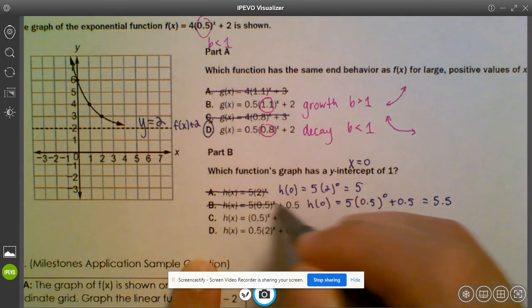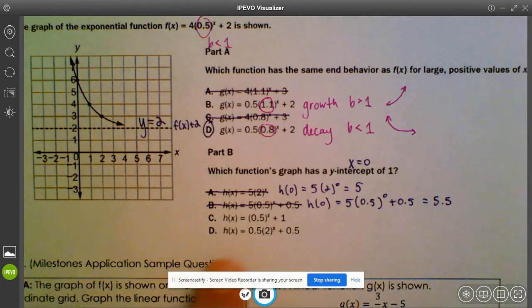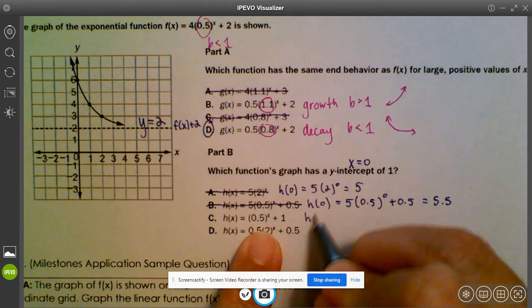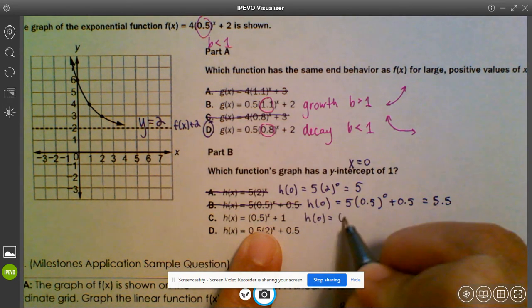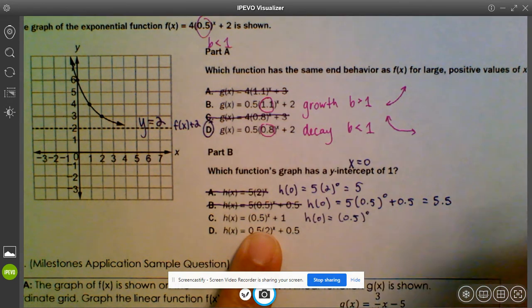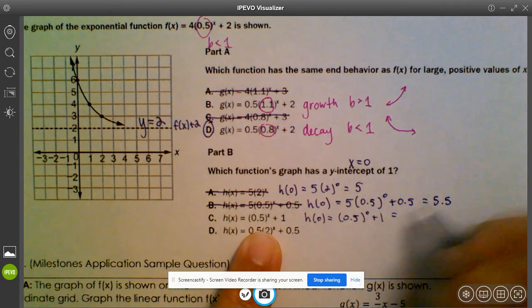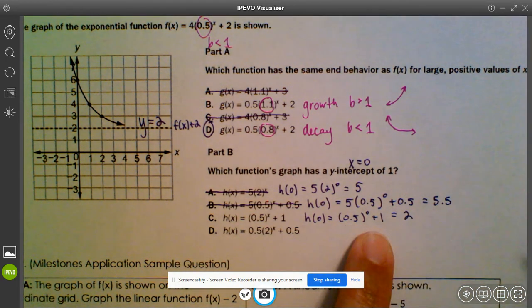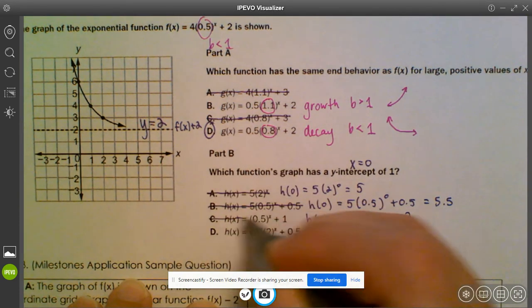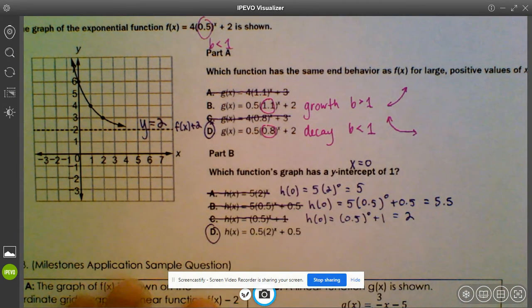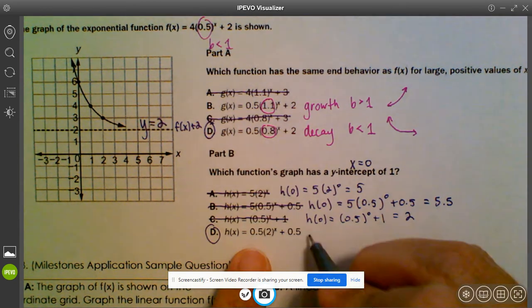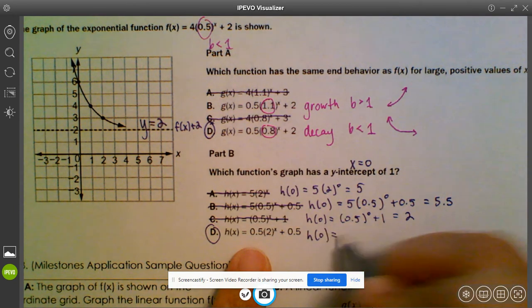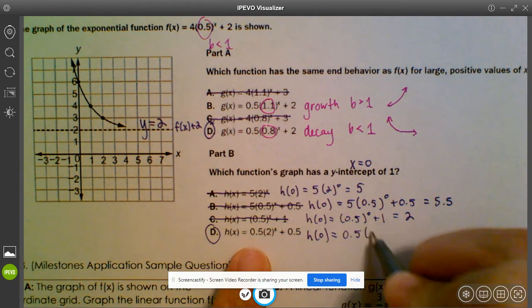That does not equal 1. Let's look at option C. H of 0 will be 0.5 to the 0 power plus 1. Well, anything to the 0 power is 1, and 1 plus 1 is 2. It's not that one. So by process of elimination, it's this one.